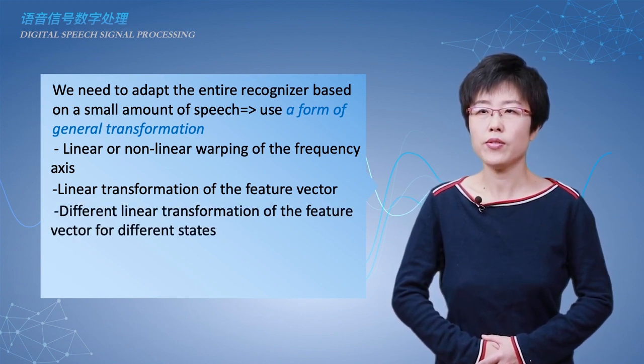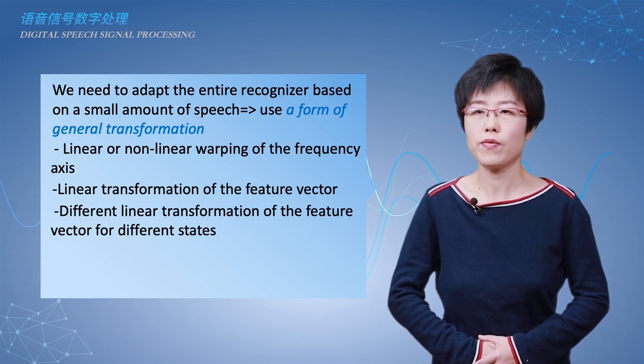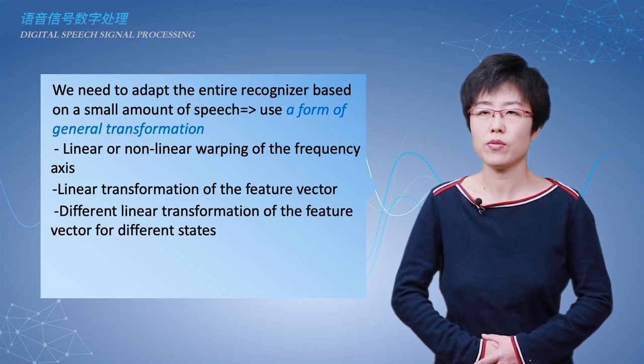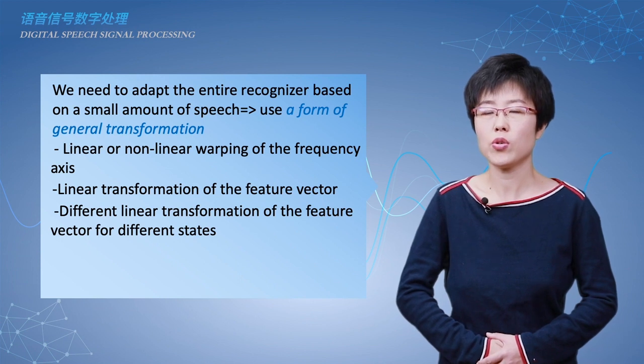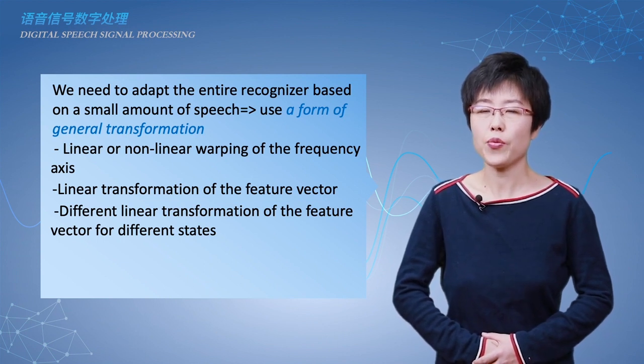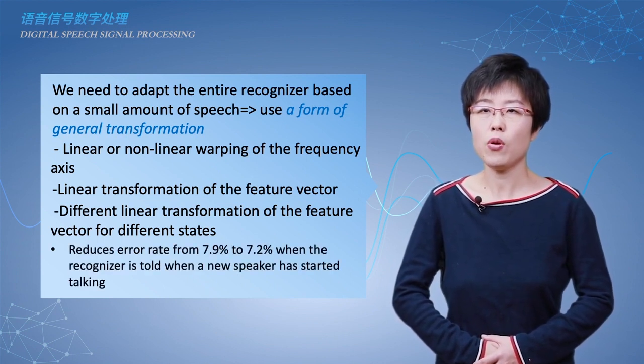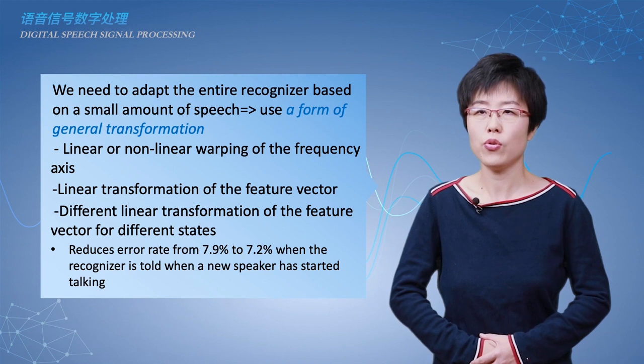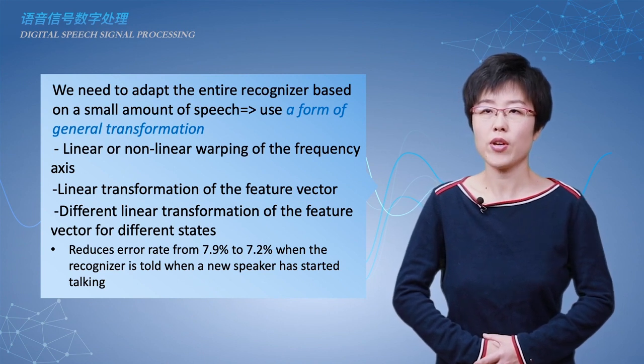There are different linear transformations of the feature vector for different states, using the same transformation for similar sounding states. Error rate can be reduced from 7.9% to 7.2% when the recognizer is told when a new speaker has started talking.